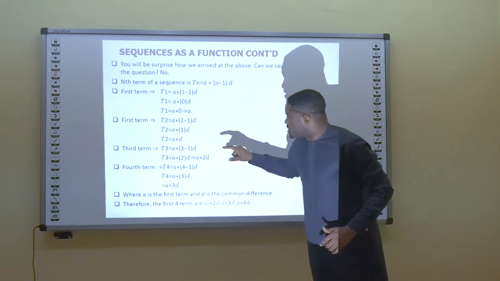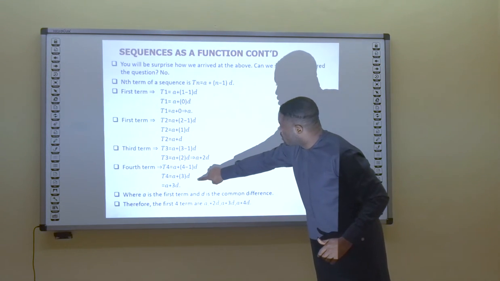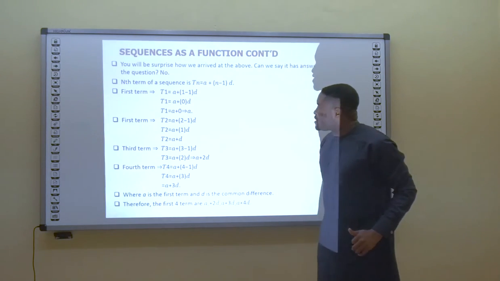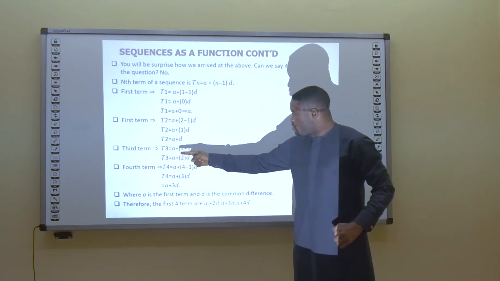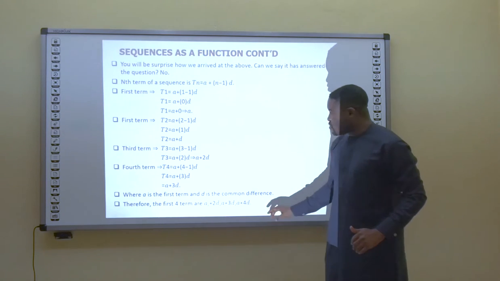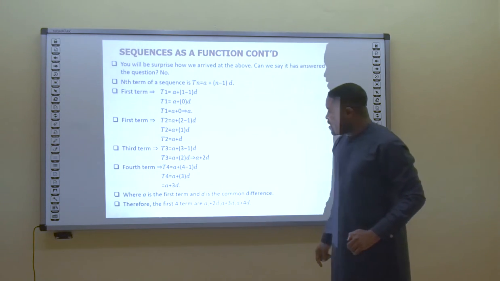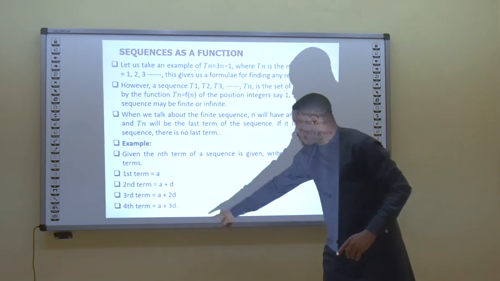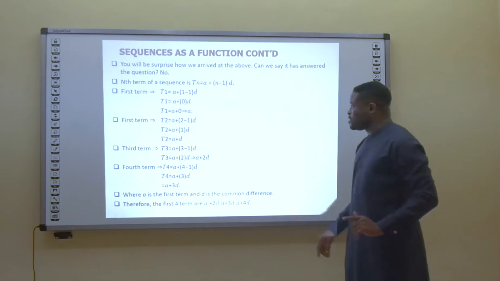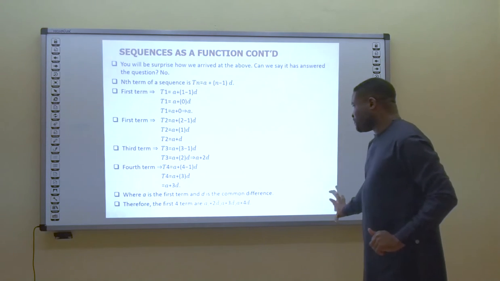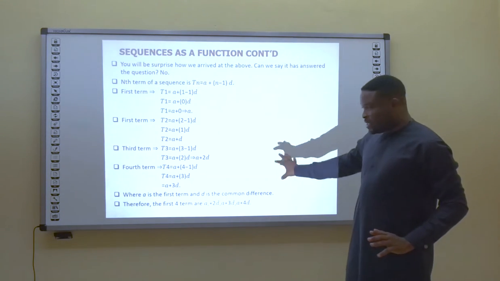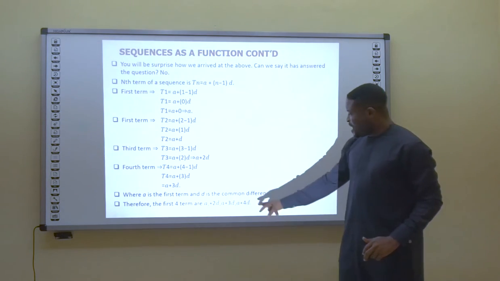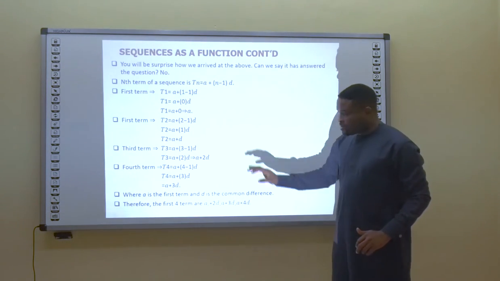So this is trying to prove these various terms that are of importance to us here. You see that T2 is equal to A plus D, which is this second term. Now for the third term, we take n is equal to 3 and substitute, and then we arrive at this answer where we have A plus 2D, and so on and so forth. So that's what we do in this slide, where A is the first term and D is the common difference.